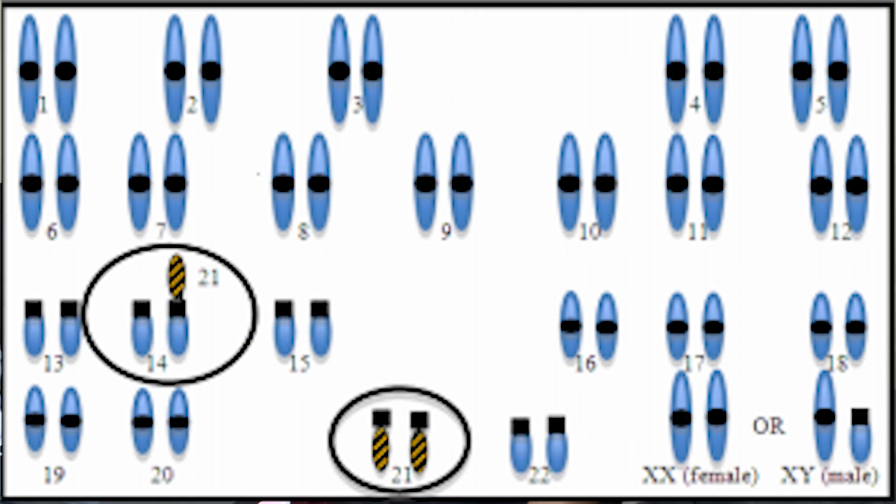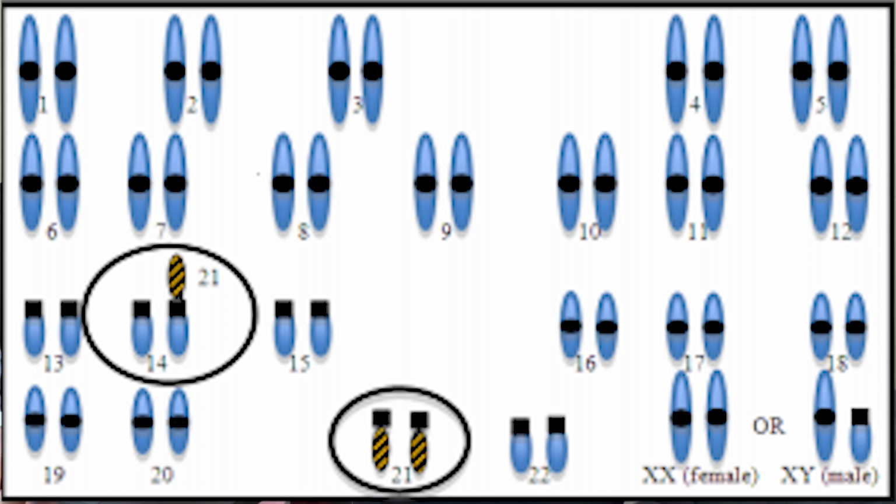image, you can see that chromosome number one has two chromosomes, number two has two, number three, and so on and so forth. The one that is shaded in, yellow and black, has two. But if you look at chromosome number 14, it has been circled to mean that it carries a chromosome similar to the ones on number 21, that is the extra chromosome.